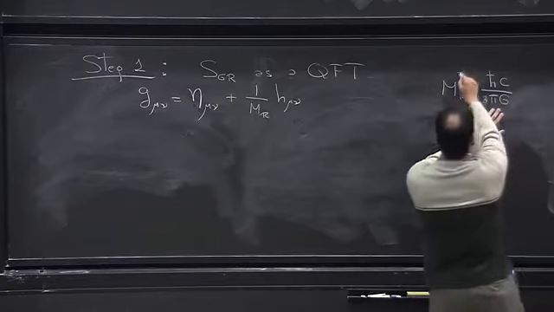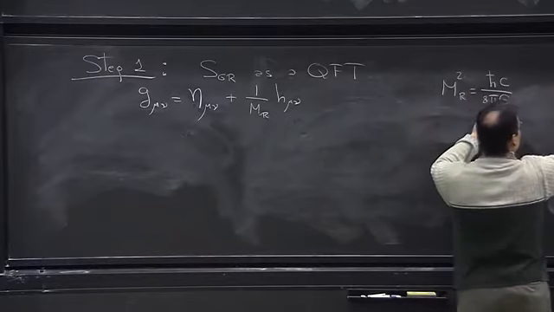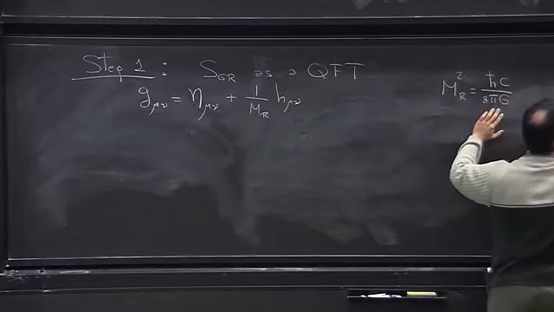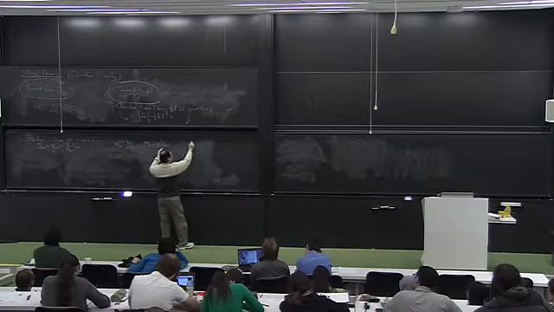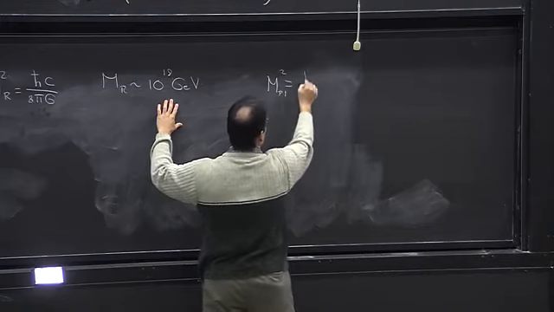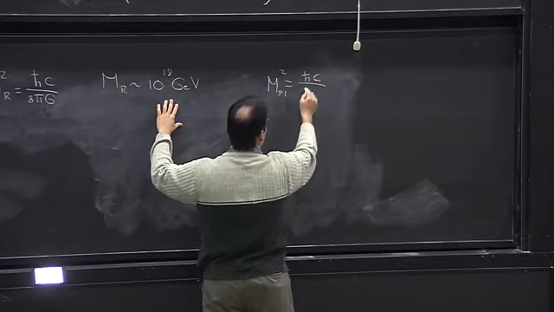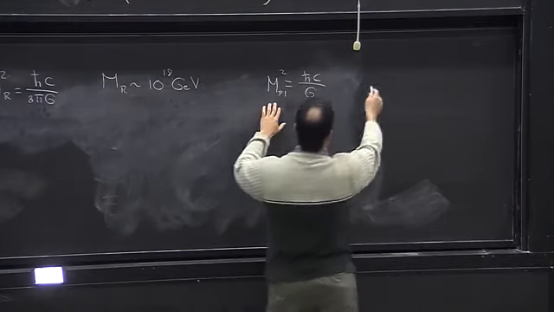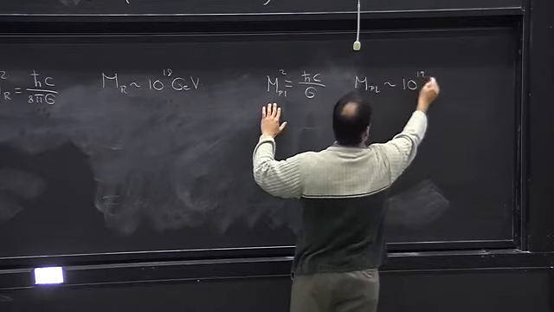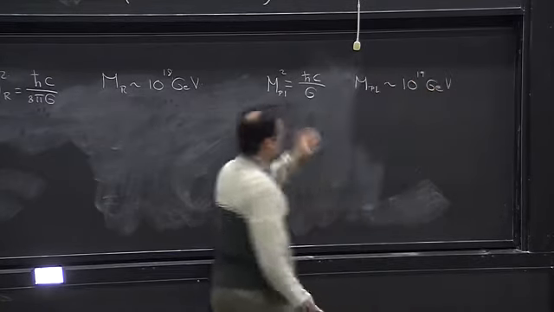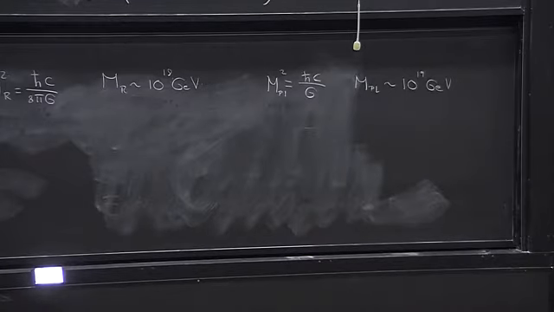Okay? It's roughly 10 to the 18 GeV. The usual Planck mass doesn't have the 8 pi, and that's why you have probably seen in books or everywhere that this is 10 to the 19 GeV. Okay?